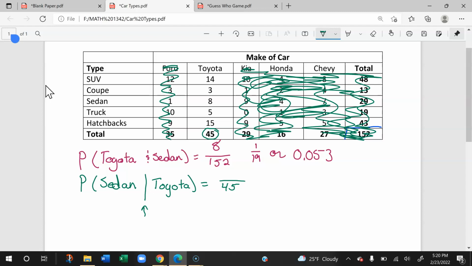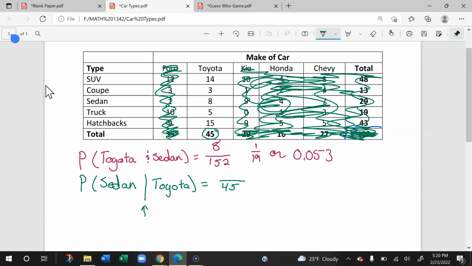Say I got it off the Toyota dealership lot, or I can see the emblem. It can't be a Ford, so those 35 are out, and I no longer have to worry about that 152. I have narrowed down my selection.